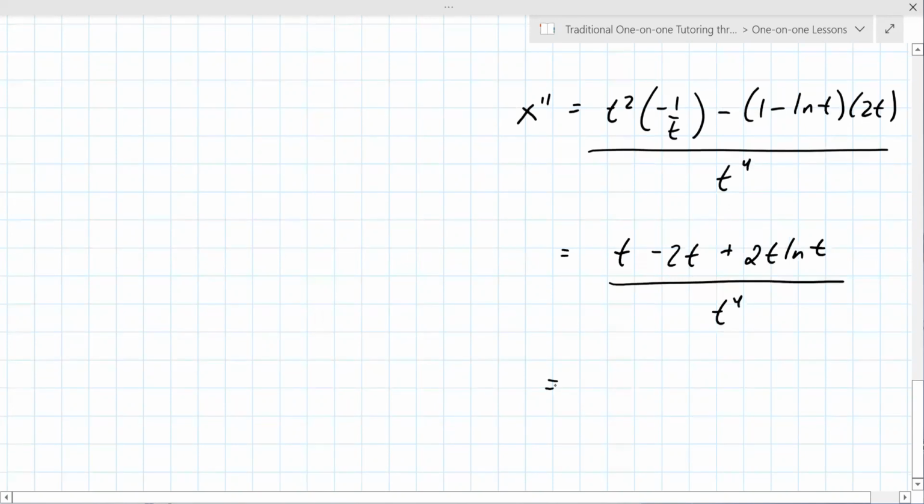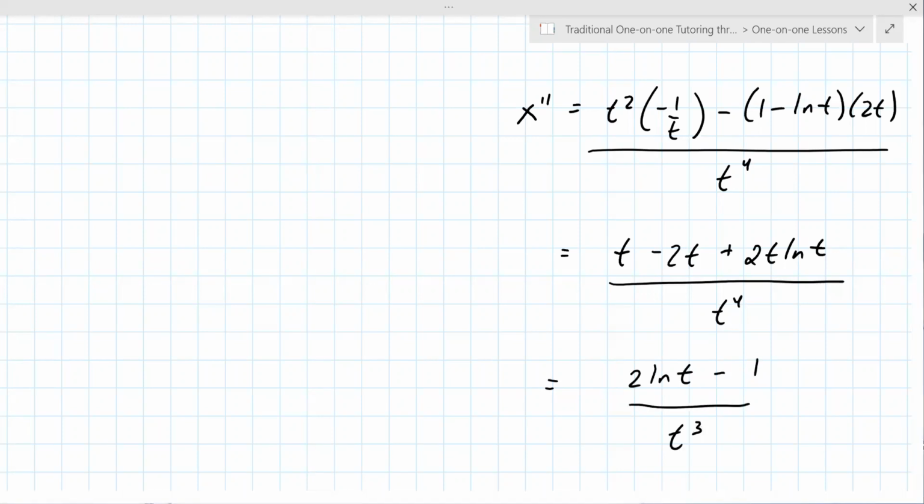So you've got minus t, but then your t's cancel. So you've got 2 natural log t minus 1 over t cubed. And I'm always going to your favorite derivative calculator to verify that these are actually correct, especially when you're doing homework.